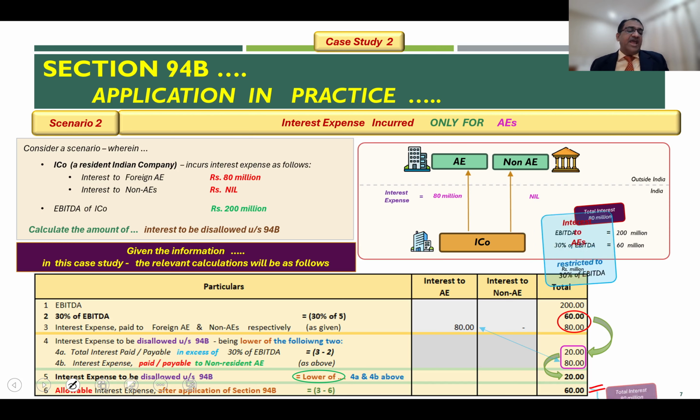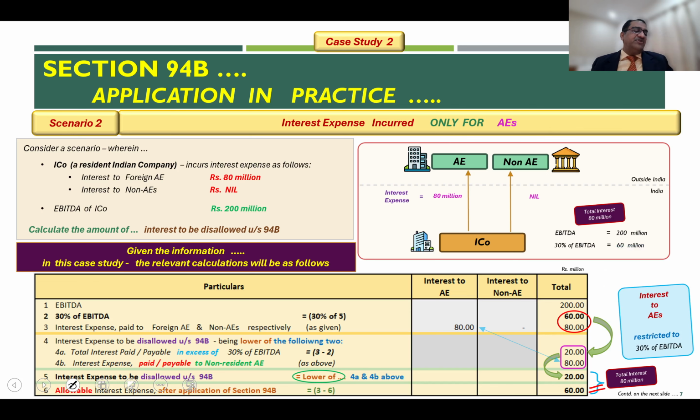So therefore, if you look at the key takeaway, interest to AE, if it is being paid beyond the 30% of the EBITDA is restricted, interest deductibility is restricted to 30% of the EBITDA, which is 60. So the way the calculations work in section 94B, in this case study, you paid 80 million. 30% of EBITDA is 60 million only.